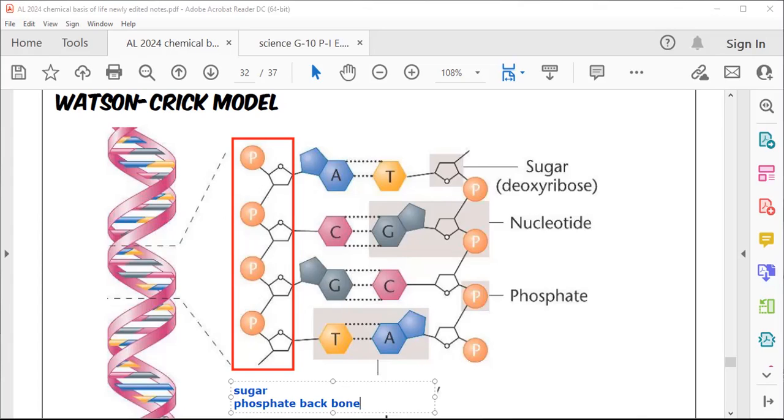This arrangement, how do you call it? Sugar phosphate backbone.